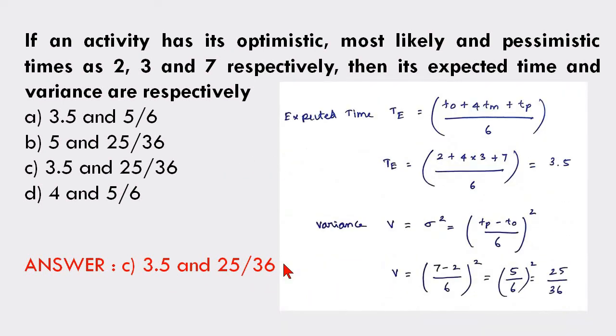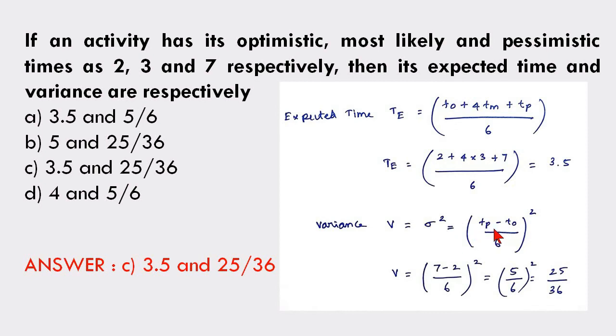The solution is given here. The expected time can be calculated by using this formula, that is T0 plus 4Tm plus Tp divided by 6. T0 is optimistic time, that is 2, most likely time given as 3 and the pessimistic time is 7. So you can find expected mean time, that is 3.5. Variance is the square of standard deviation.